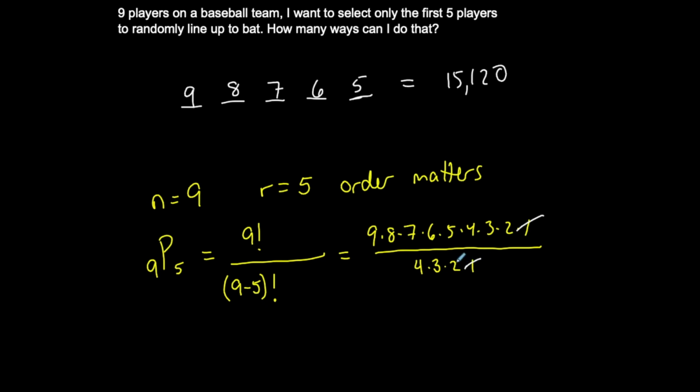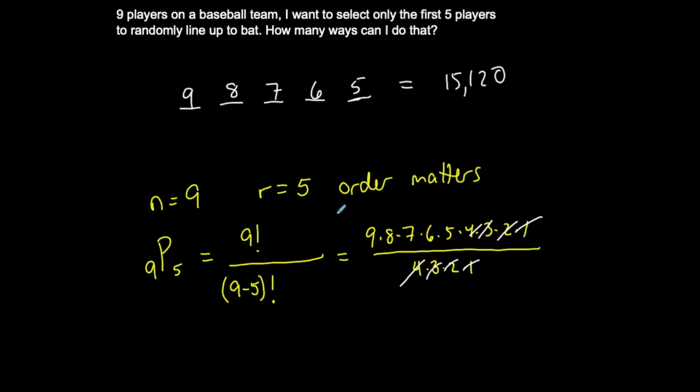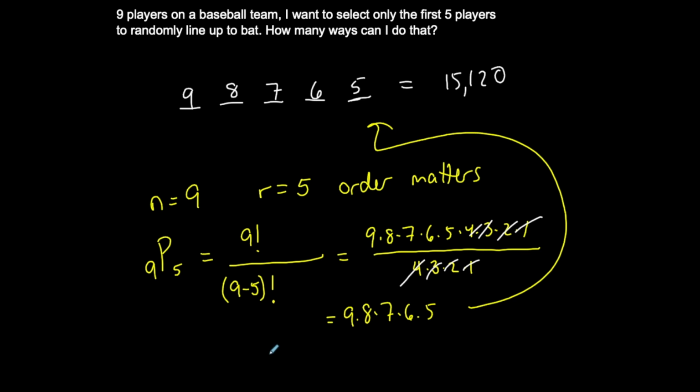You are allowed to cancel anything that is in common on the top and on the bottom. So 4 factorial is within the 9 factorial, and the 4 factorial is out. I'm left with 9 times 8 times 7 times 6 times 5, which is exactly what I had up here using the fundamental counting rule. Awesome, right? I get the same thing using the formula, which is 15,120.